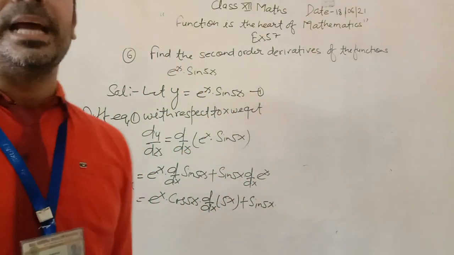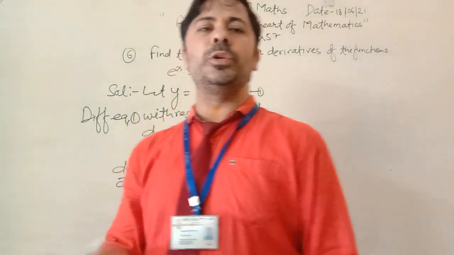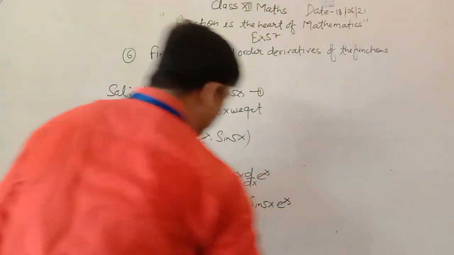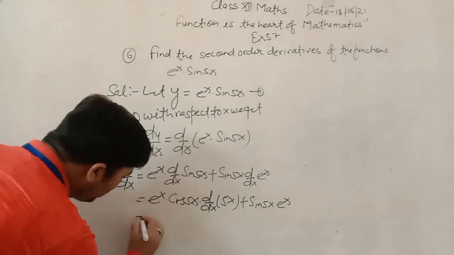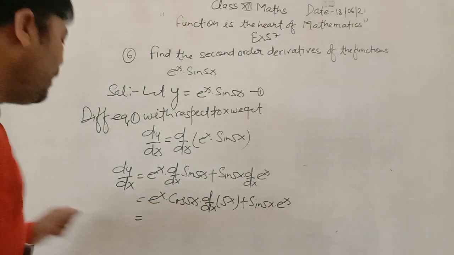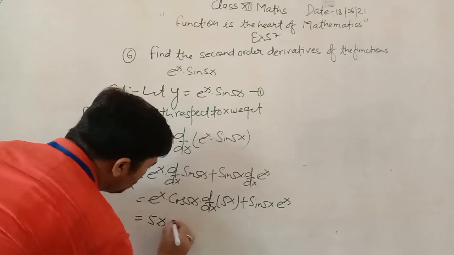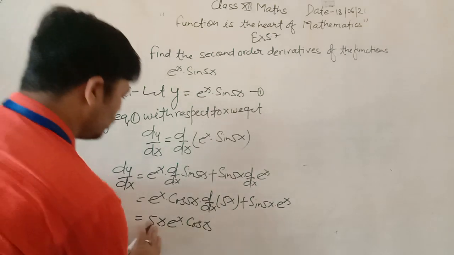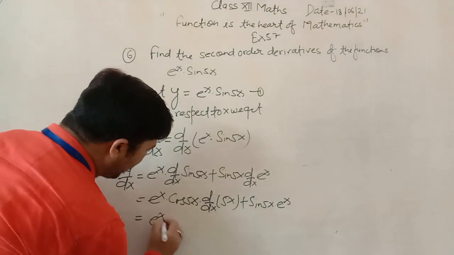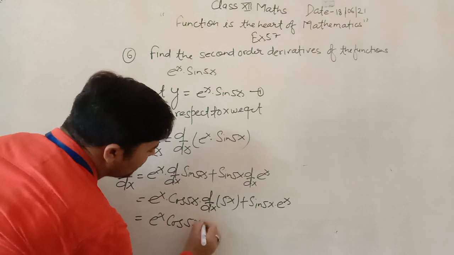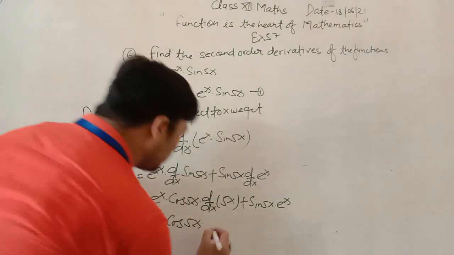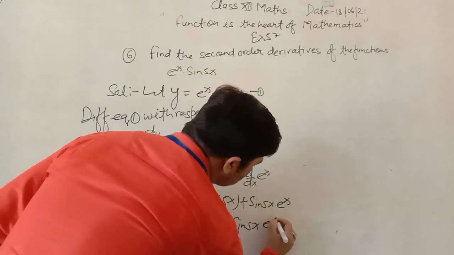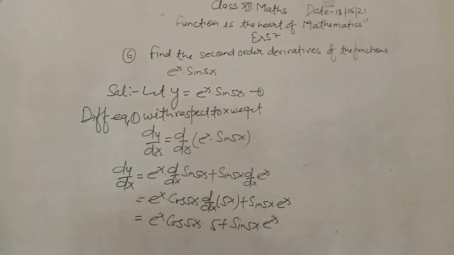You know that d by dx of e to the power x gives you e to the power x. So this one is equal to e to the power x cos 5x. d by dx of 5x gives you 5, plus sin 5x into e to the power x.